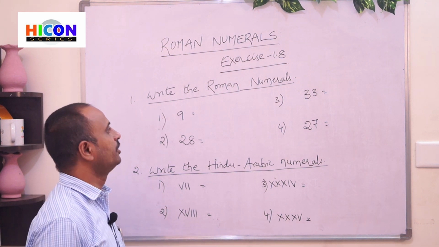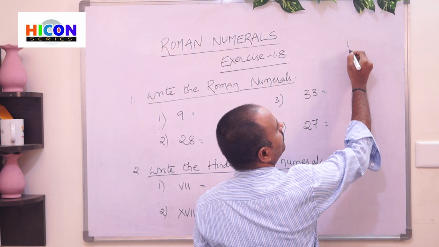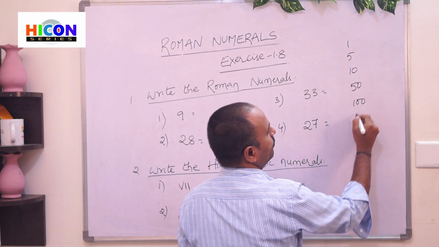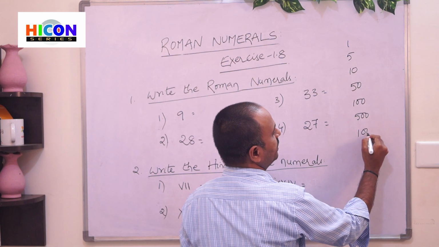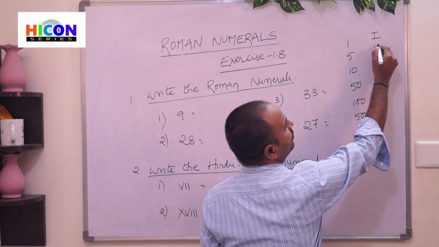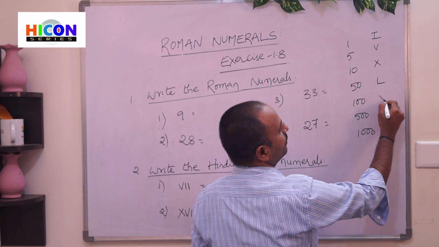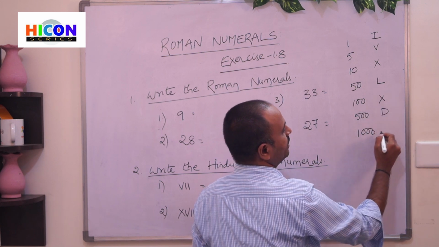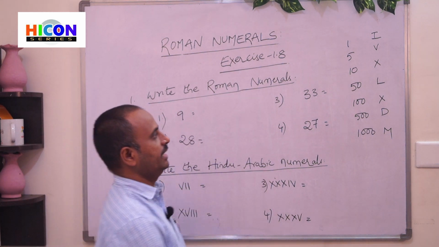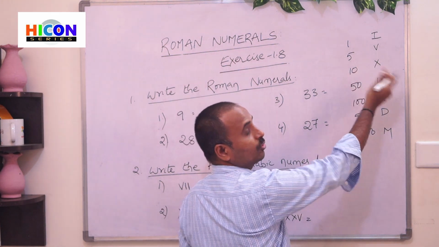We have 7 basic values, that is 1, 5, 10, 50, 100, 500 and 1000. 1 means I, 5 means V, 10 means X, 50 means L, 100 means C, 500 means D, 1000 means M.